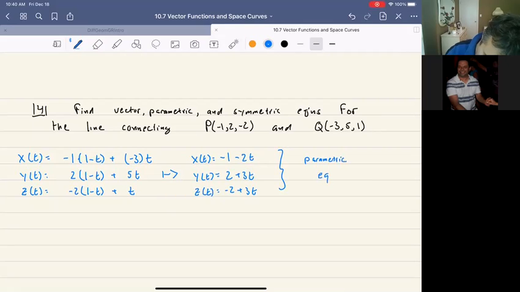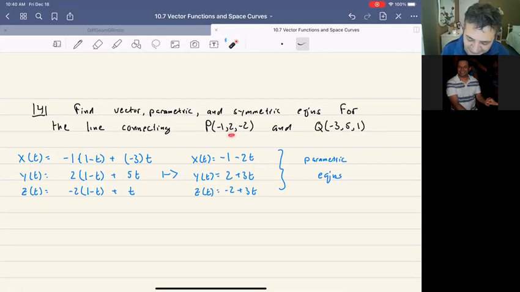So these are our parametric equations. It's going to be the same thing as if you just start here and go from -1 to -3, which is -2t. Oh, that should have been +2? Nope, -2, you're right. My bad.